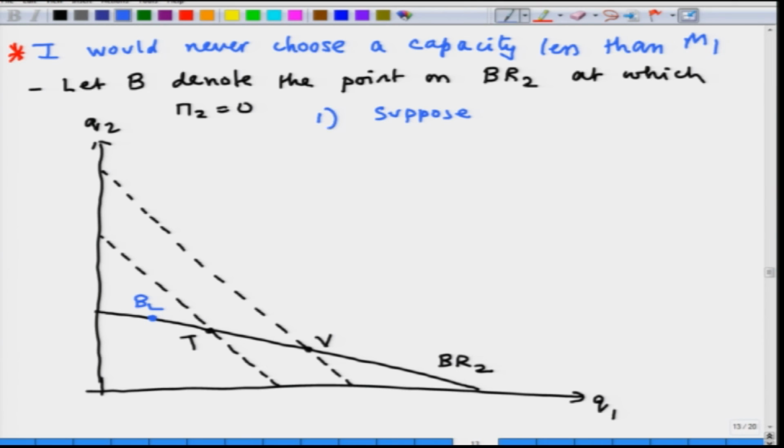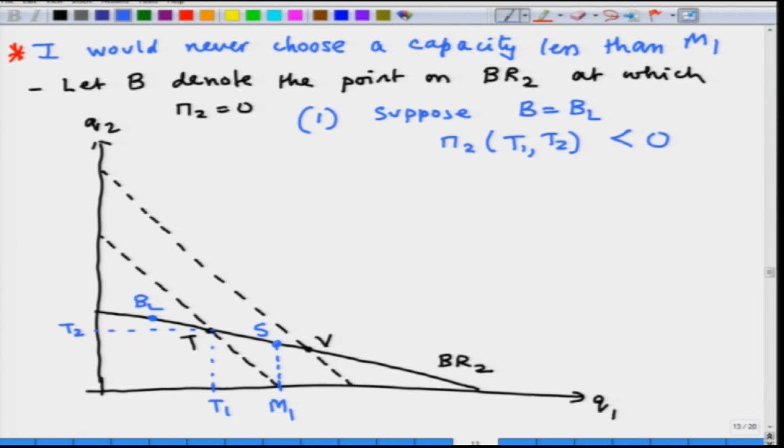So this is case 1. Suppose B is a point like BL, where firm 2's profit has become 0. Essentially, it tells us that firm 2's profit at T1, T2 is strictly less than 0. This is T1, this is T2, and this is my monopoly output M1, which is also the Stackelberg output S.